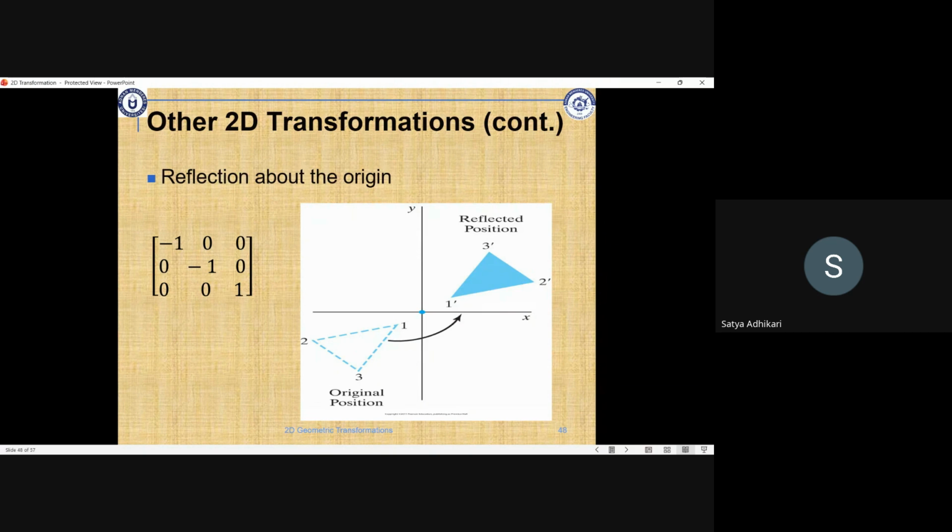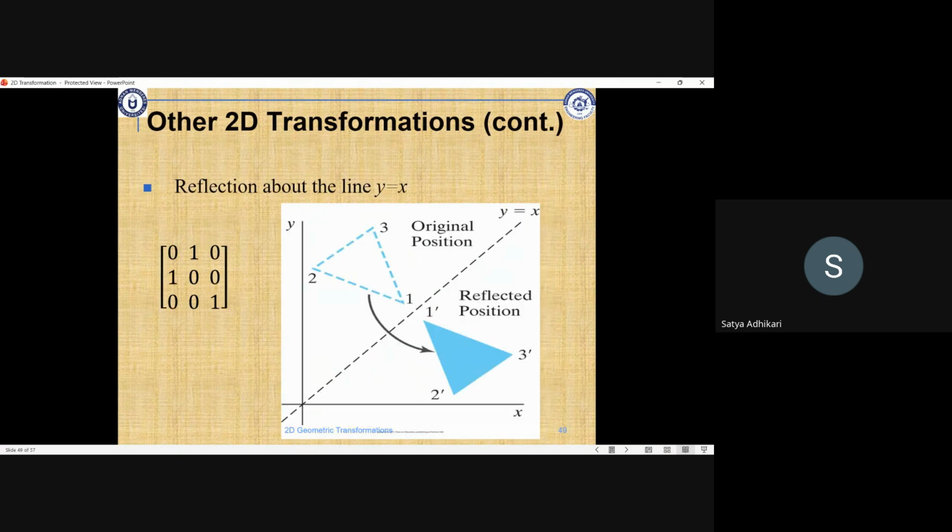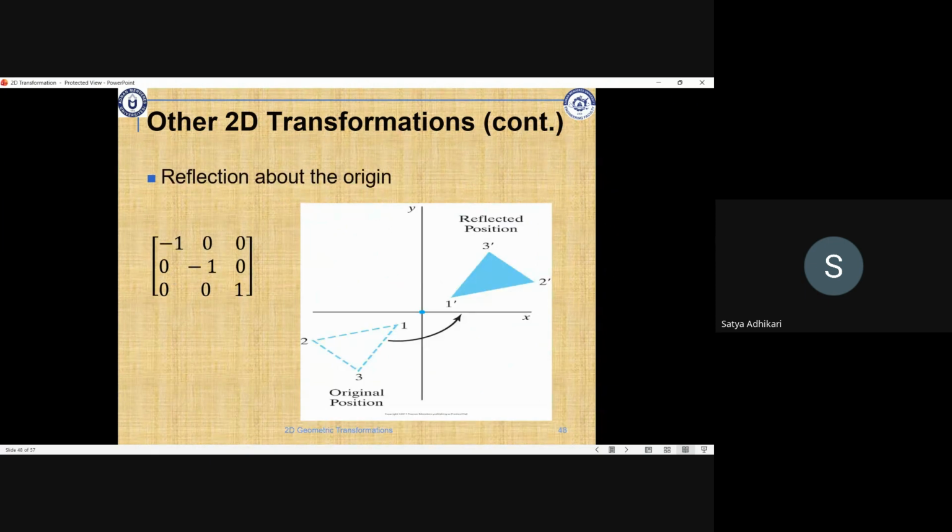So now the minus sign is in the first element as well as the middle element, that is, second row and second column.